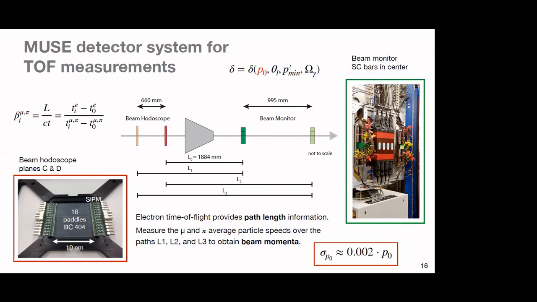I would not say we have finalized the technique, but we have done preliminary work and convinced ourselves that we can measure the beam momentum to at least about a 0.2% precision that is within the requirements of this experiment.